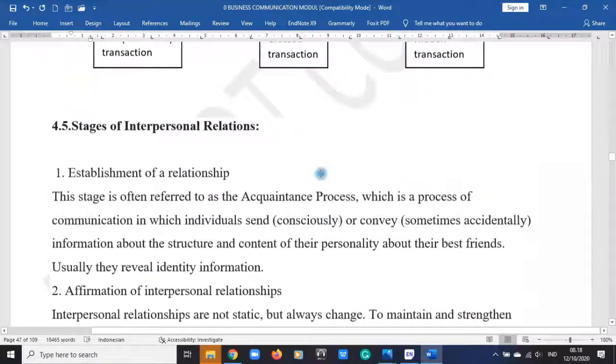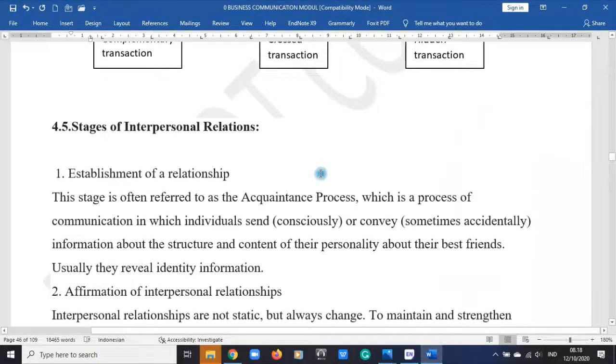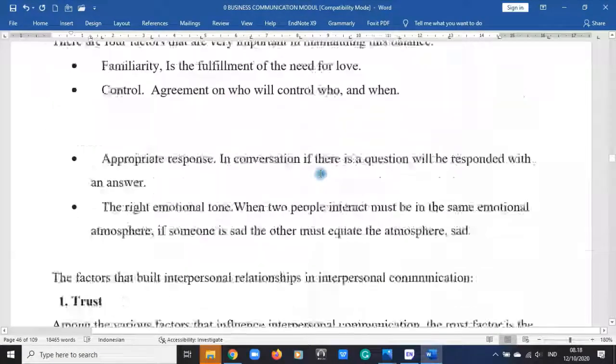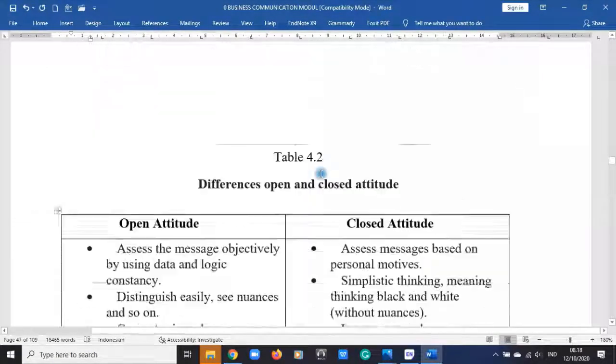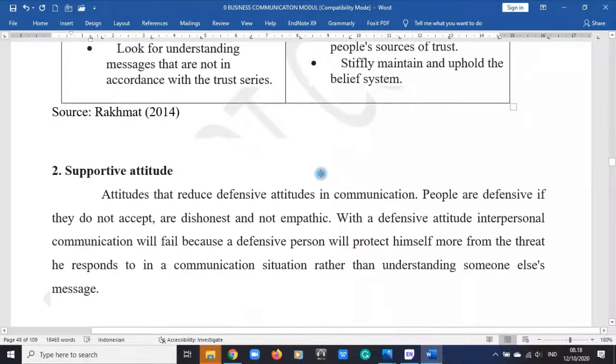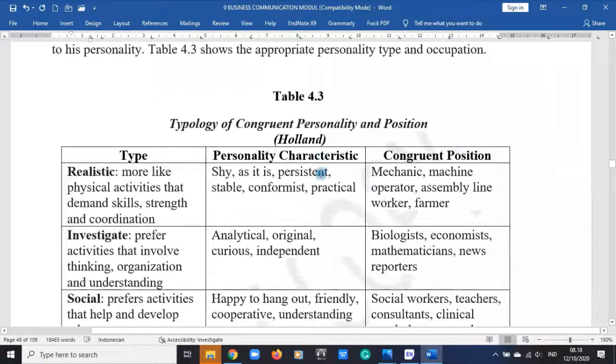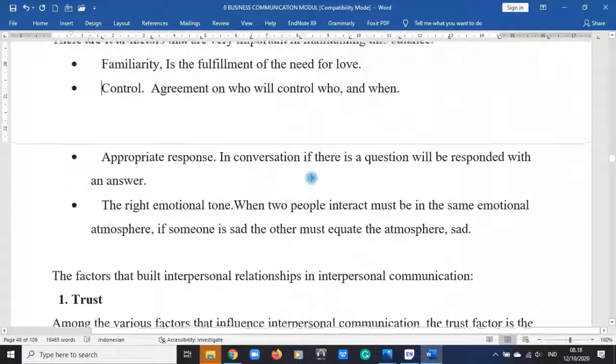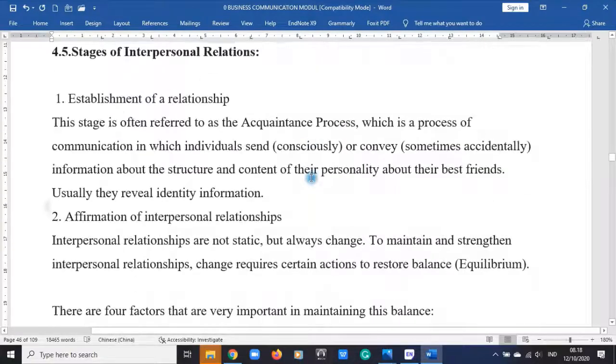Yes, I think we can save this for the next meeting. Next meeting we will learn stages of interpersonal relationship, as well as check our MBTI.